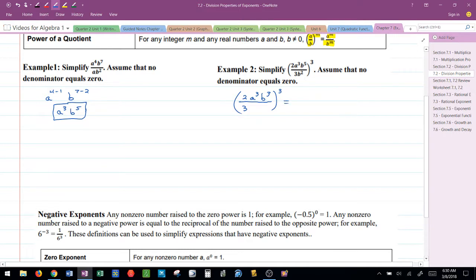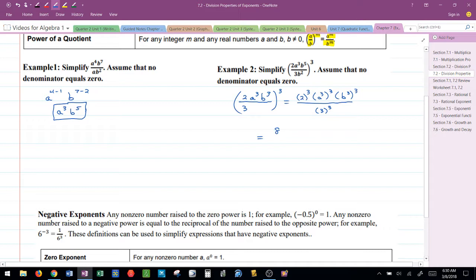What does that mean? Now I have to remember stuff from the last section. That means I have 2 to the third, a to the third to the third, b to the third to the third, and on the denominator, I have 3 to the third. I want to clean this up now. 2 to the third is 8, because 2 times 2 times 2 is 8.